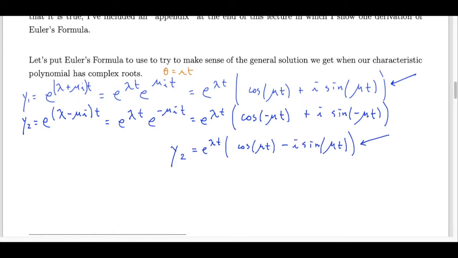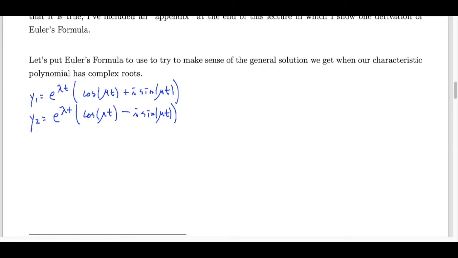So I'm going to erase what I have written here and just rewrite this expression for y1 and y2 for reference. So what I want to do next is construct new solutions using those two principles. If I use y1 and y2, I know that I can multiply them by any constant, I can add any known solutions, and whatever I get through those operations will also be a solution.